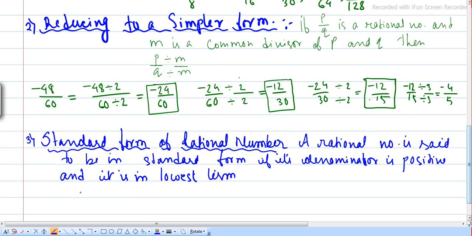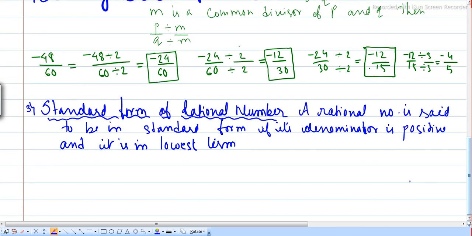So you see, a rational number is said to be in standard form if its denominator is positive, means the denominator should be positive, then only we will consider it as standard form. Okay, and second is it should be in lowest form, lowest term. So see one example.